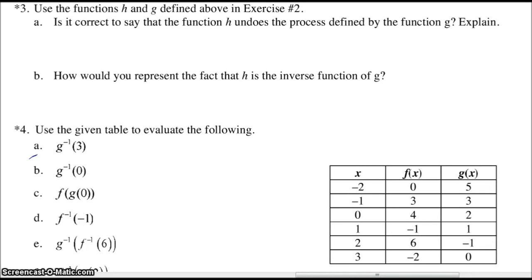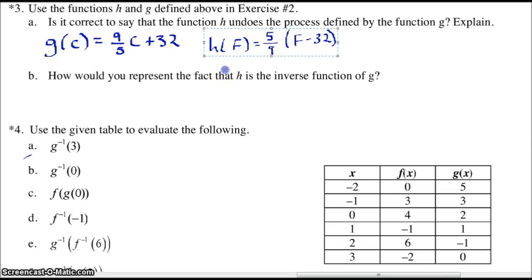Number 3, use functions h and g defined above in exercise number 2. Okay, let's remember what those were. So here's g and h. It is correct to say that the function h undoes the process defined by the function g. But why?